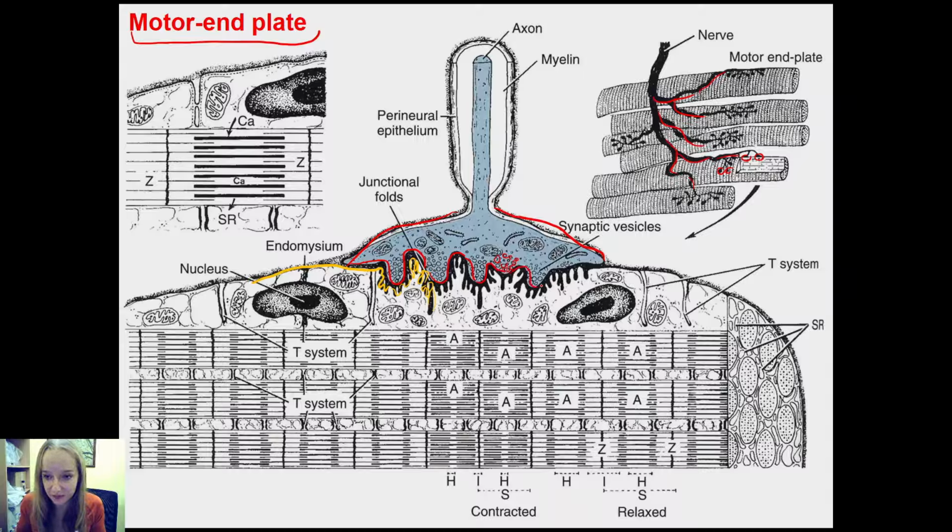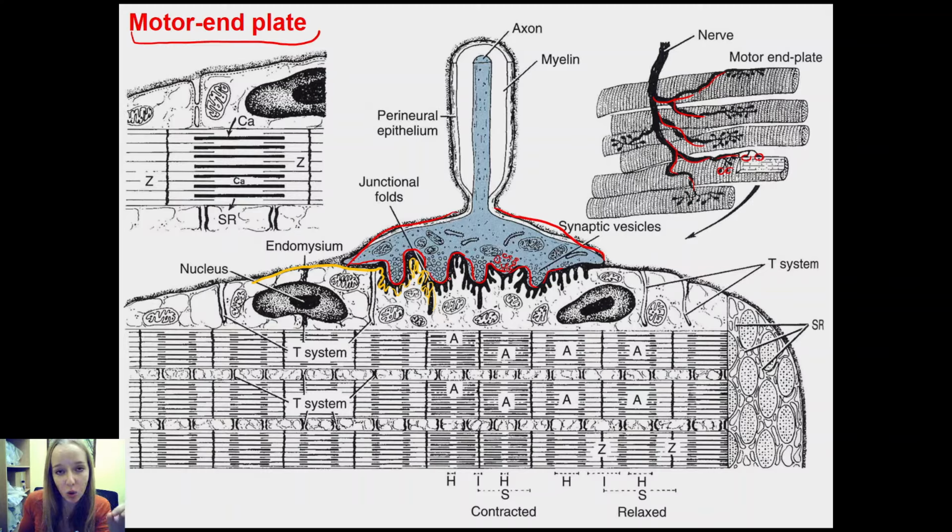So the synaptic vesicles fuse with this axolemma, and the mediator is released into the synaptic cleft, the space between the presynaptic membrane and postsynaptic membrane.